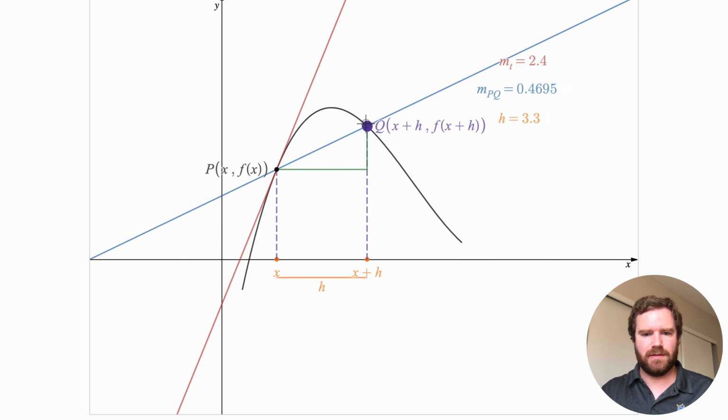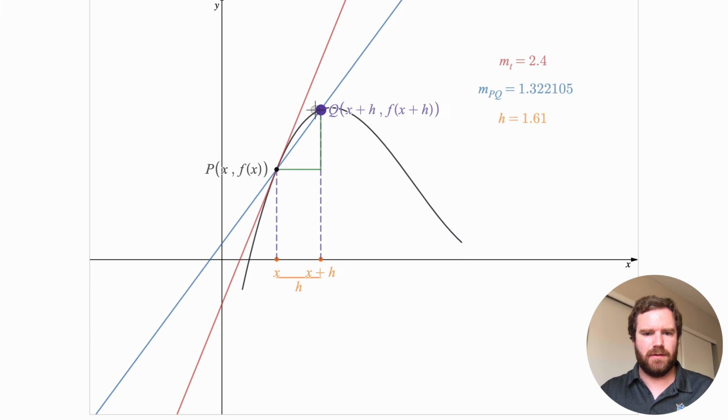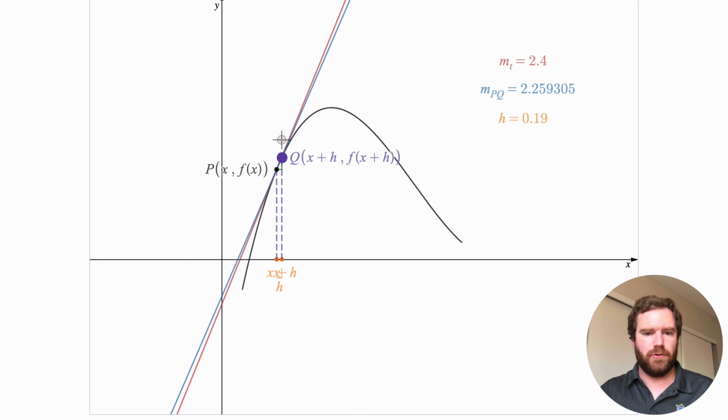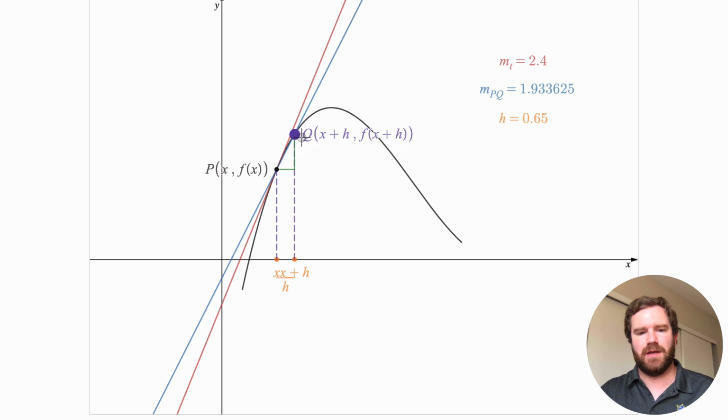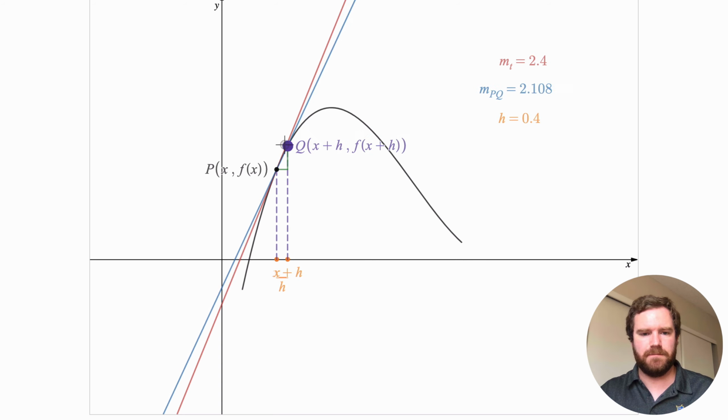And we can look at what's happening as q approaches p, right? So in this, we can see that our slope is getting closer as h gets to 0. And again, we get that undefined value when the x minus a, or when h becomes 0, because we get a denominator of 0.